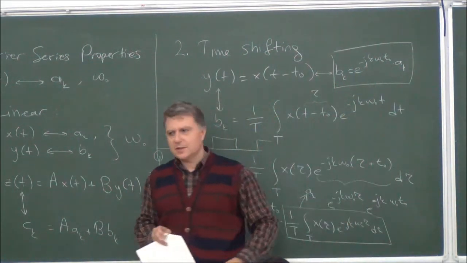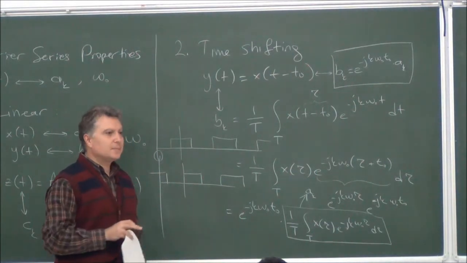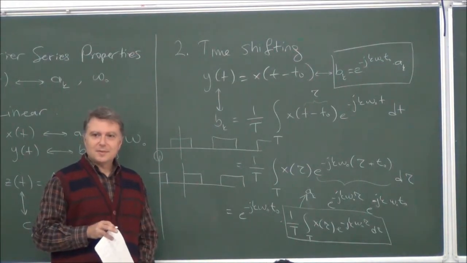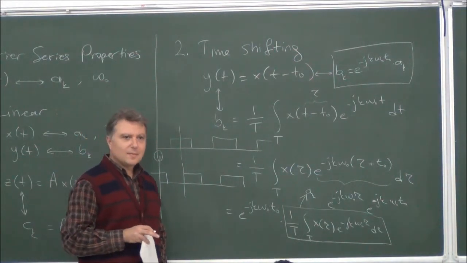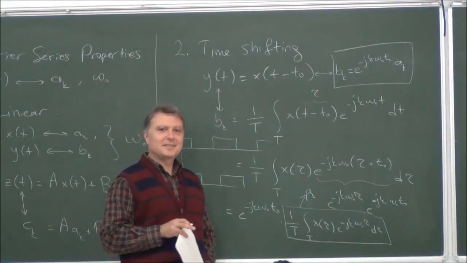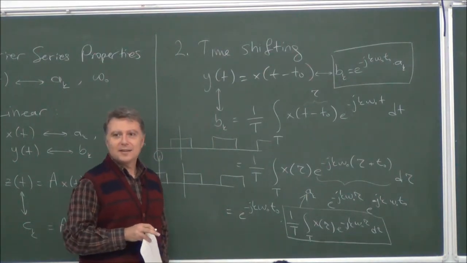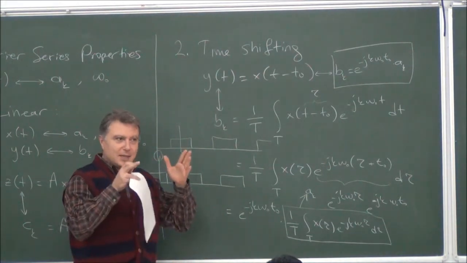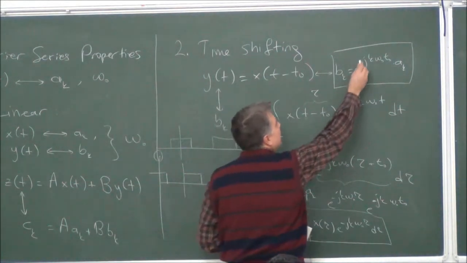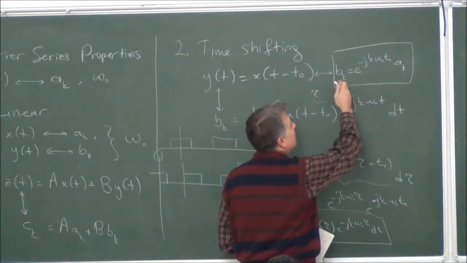Complex exponential. What is the norm, the magnitude of an e to the j theta? What's the magnitude of it? One? Yeah, it is 1. e to the j theta has a unit norm. Therefore, the magnitude of this thing is 1. It doesn't really affect the magnitude of bk.